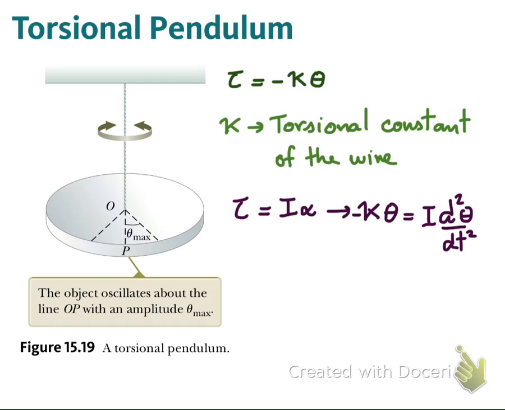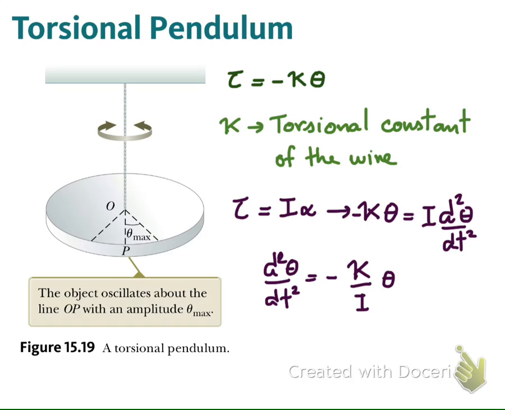We can rearrange this equation a little bit to get d squared theta by dt squared is equal to minus kappa over I theta.